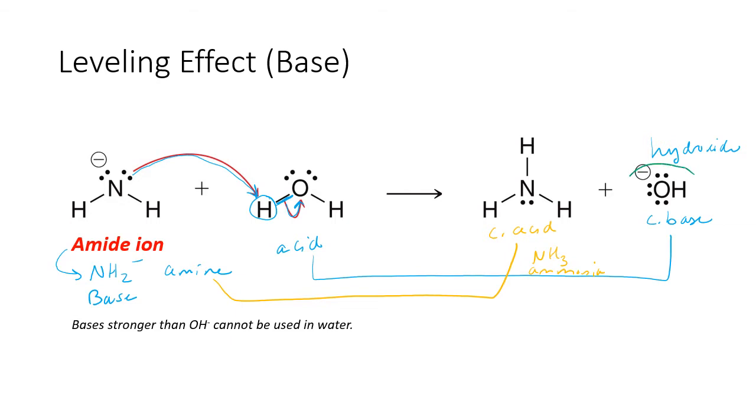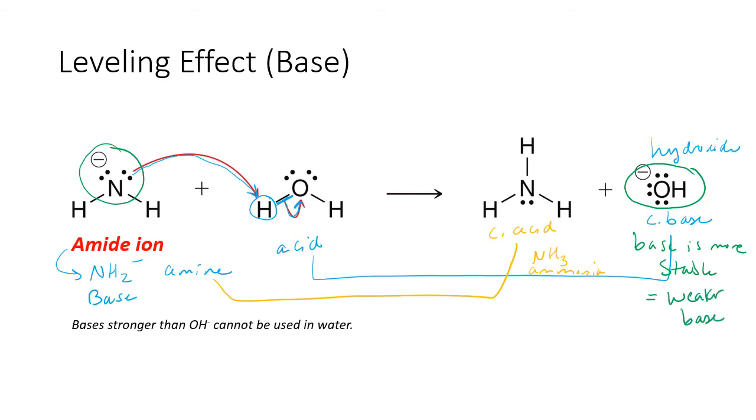Here we have one of our bases, and we have a negative charge on the oxygen. In our other base, we have a negative charge on the nitrogen. Oxygen is better able to stabilize that negative charge due to it being more electronegative. So this base right here is more stable. If it's more stable, that actually means that it's a weaker base.